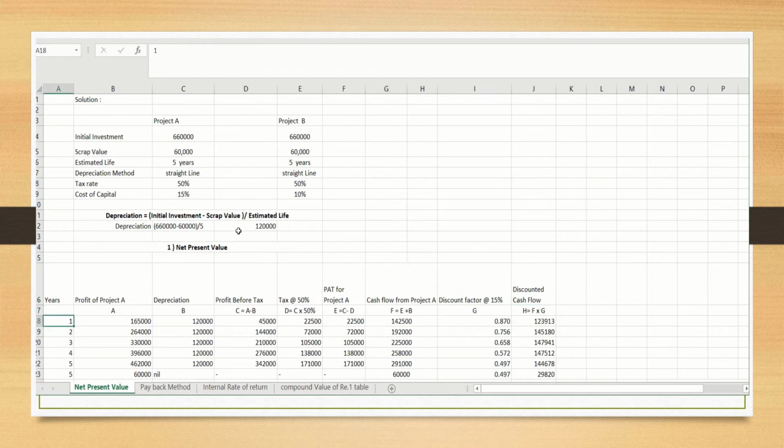Now, during the first year, Project A gives a profit of 1,65,000. This is a profit before depreciation and taxes, so we will deduct depreciation of 1,20,000 from it. Profit before tax will be 45,000. 50% tax, that is 22,500, will be deducted, so profit after tax is 22,500.